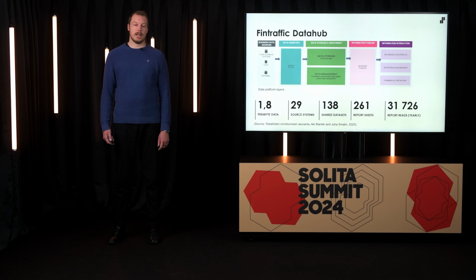And then I will give statistics so that you can compare your own solution against the Fintraffic Data Hub. We have 1.8 terabytes of data, 29 source systems. We are serving outside from our platform 138 datasets. We have implemented 261 reports, and yearly these reports are loaded 31,000 times. So you get the picture of the volume that we have.